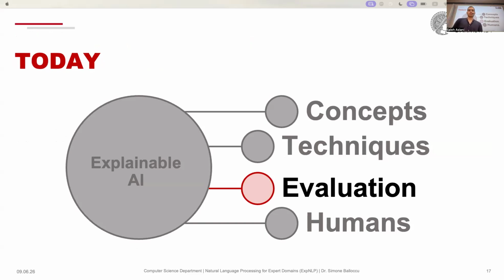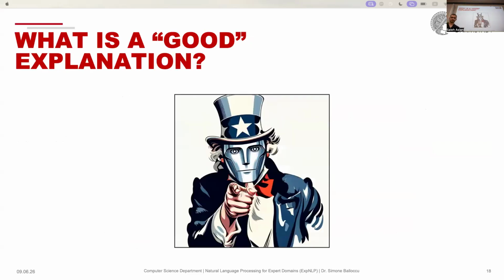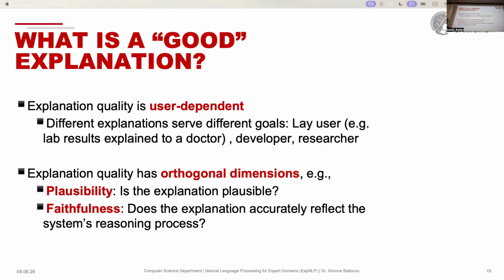So let's talk about the evaluation of our explanation. So what do we call a good explanation? The reality is explanation could be viewed differently from different users.